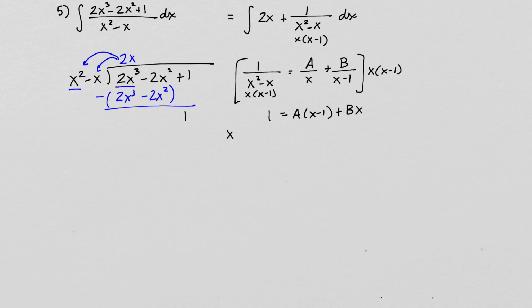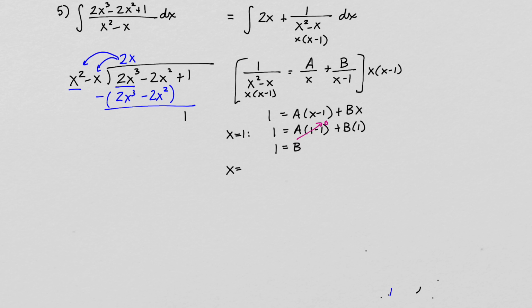So if we let x be equal to 1, we get 1 equals a times 1 minus 1 plus b times 1. And so this part here goes to 0. So we end up that 1 is equal to b.